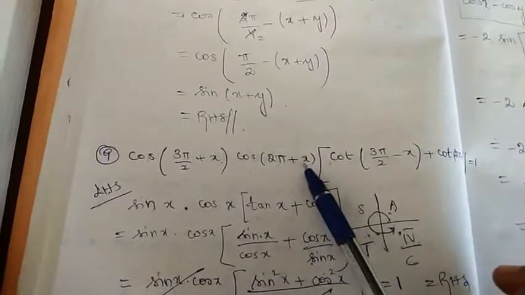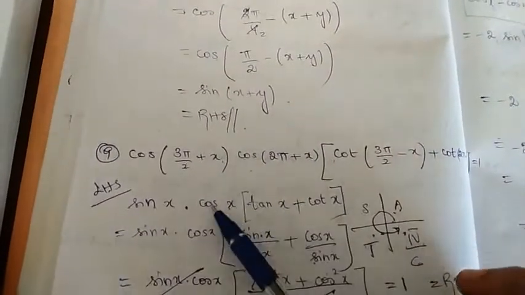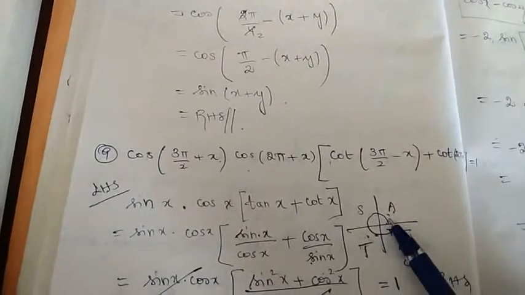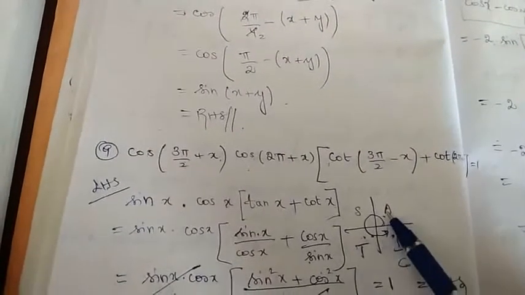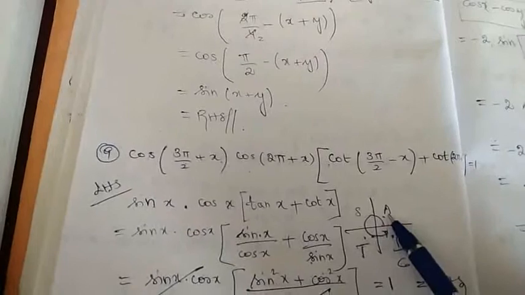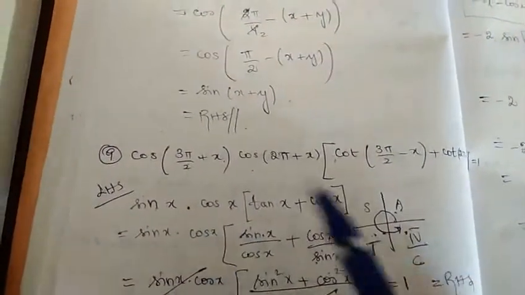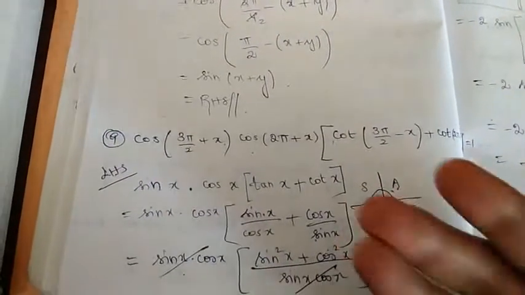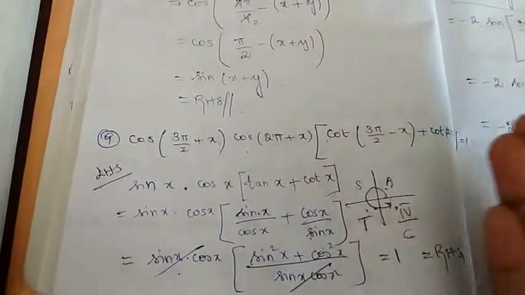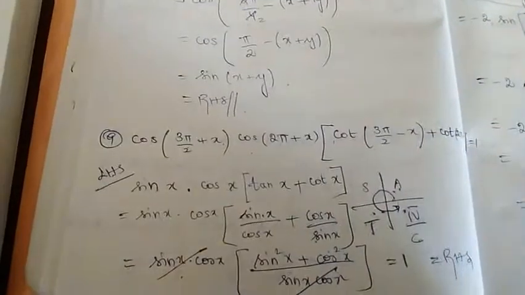So cos (2 pi plus x) becomes cos only, but 2 pi is this full angle. When it comes to 2 pi plus x, it will go to the first quadrant. In the first quadrant all are positive, so it is positive. So in this way you have to think and assign the trigonometric function and the sign, and then slowly solve your problem.